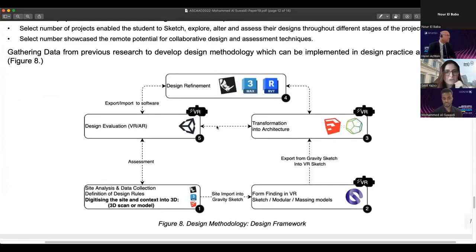It starts with the site analysis and data collection phase, and then goes into form finding techniques that incorporate a 2-week workshop of developing and shaping 3D scans in VR, to find different shapes in relation to the site itself, and so on, working with each person's initial design toolset and going into Unity for further elaboration and assessment.